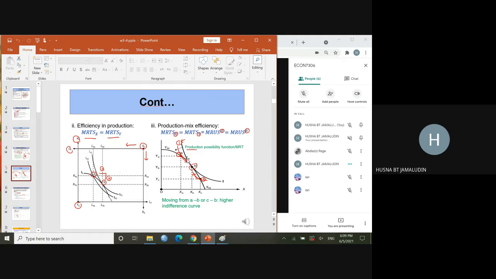This diagram refers to your production possibility frontier or PPF. This is for the production, and this indifference curve is for your consumption. When your consumption is tangent with your production, you will have the efficient point. They should intersect each other.